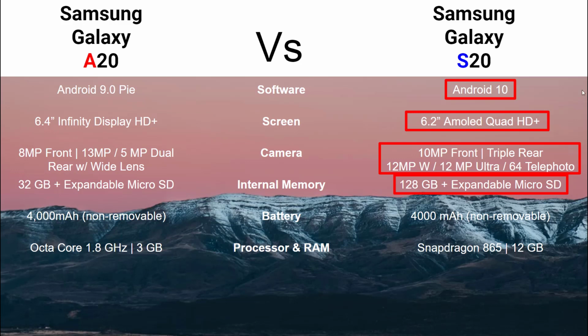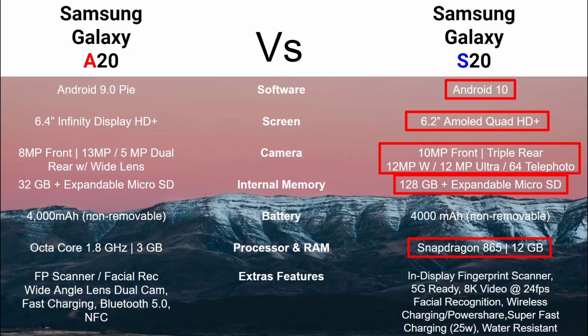The S20 does have a Snapdragon 865 processor with 12 gigs of RAM. So the S20 processor is literally the newest processor and one of the fastest you can get in a smartphone. So it just blows the A20 out of the water, hands down.